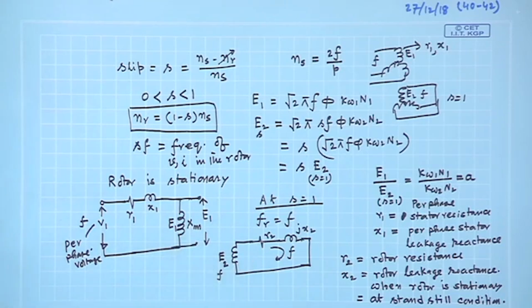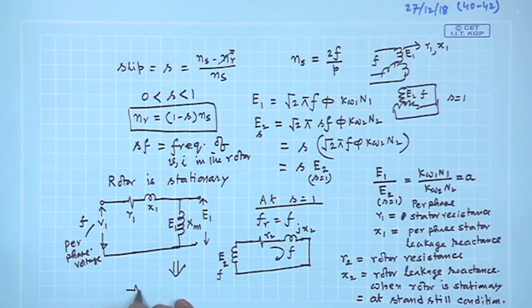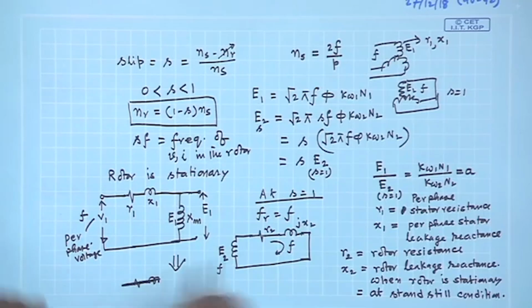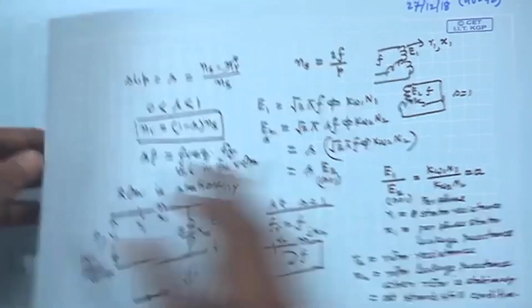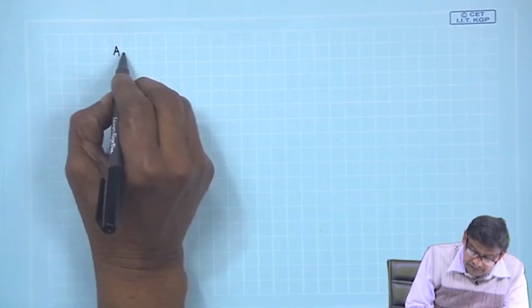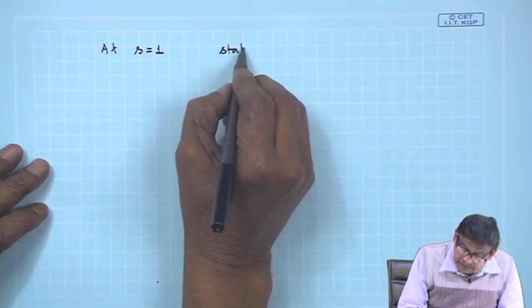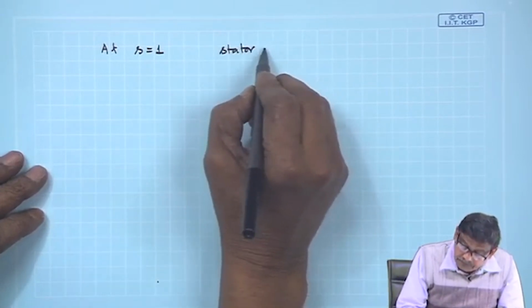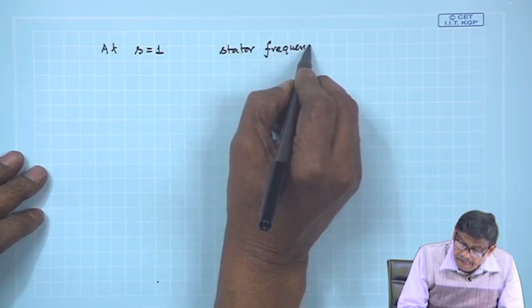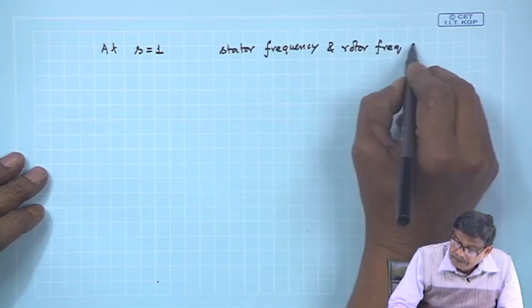This is the equivalent circuit at S equal to 1. Now, from circuit analysis, I can connect these two points with these two points, provided I do this with R1. Let us do it on another page. So, at S equal to 1, the stator frequency and rotor frequency are the same.